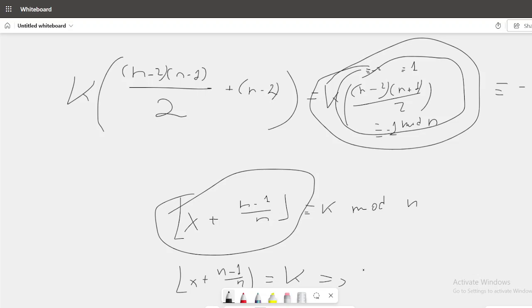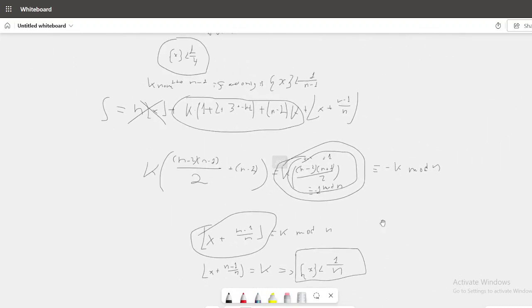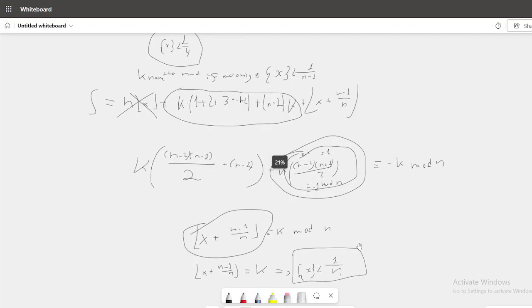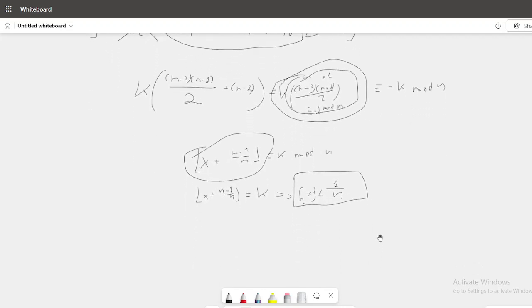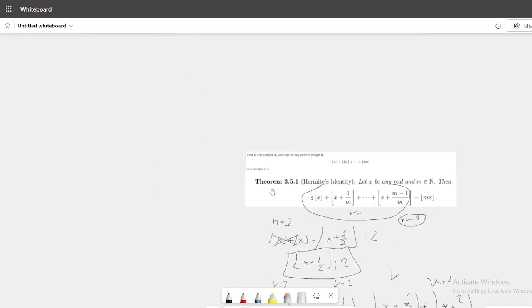Or in other words, the fractional part of x will be less than 1 over n. That does it. So we've proved that the fractional part of x, not the floor function, needs to be less than 1 over n.